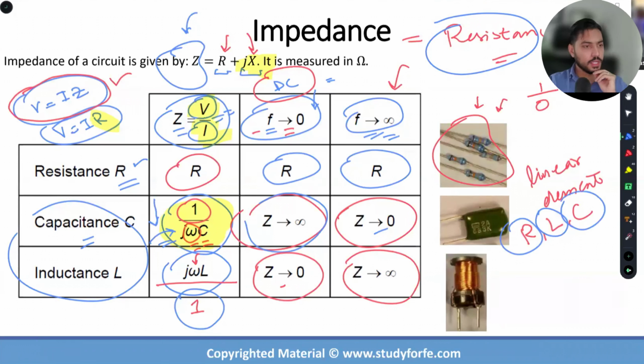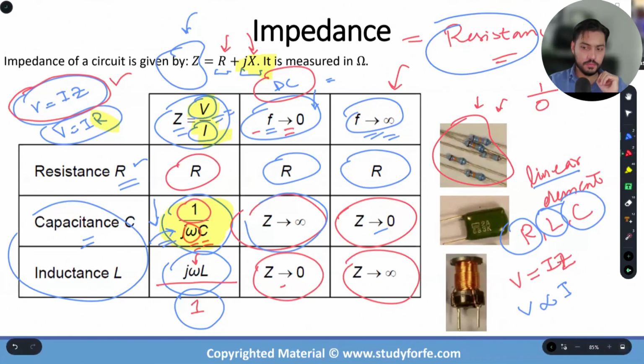You guys know why they are called linear elements? What type of linearity are they holding? They are linear because V is equal to IZ applies on them. The linearity over here is that the voltage is directly proportional to the current. Okay, and this is Ohm's law.